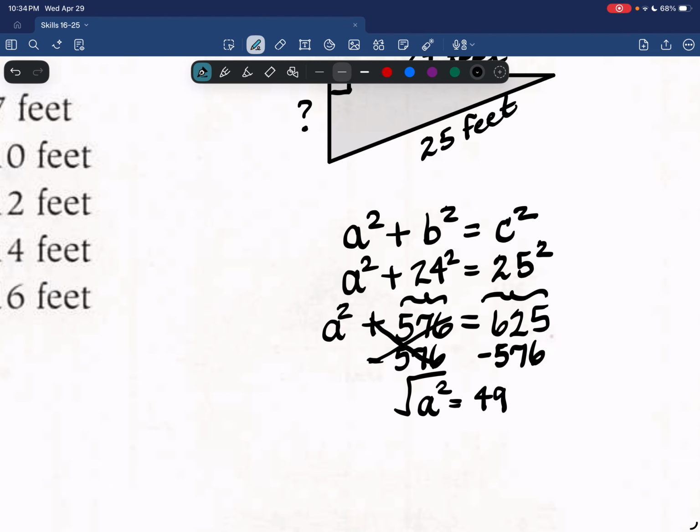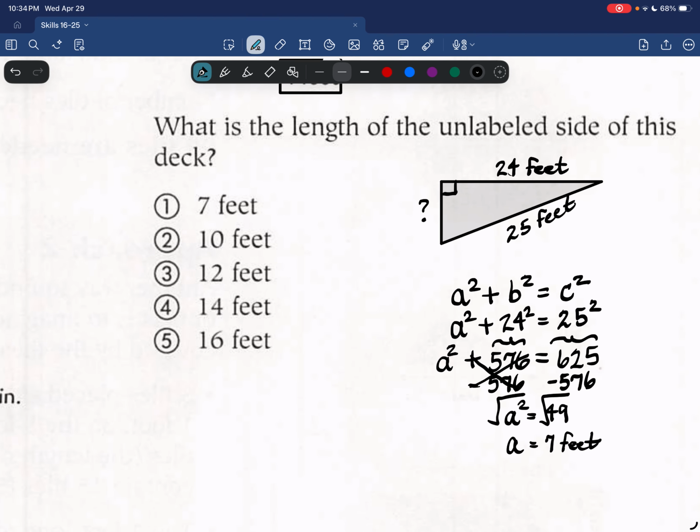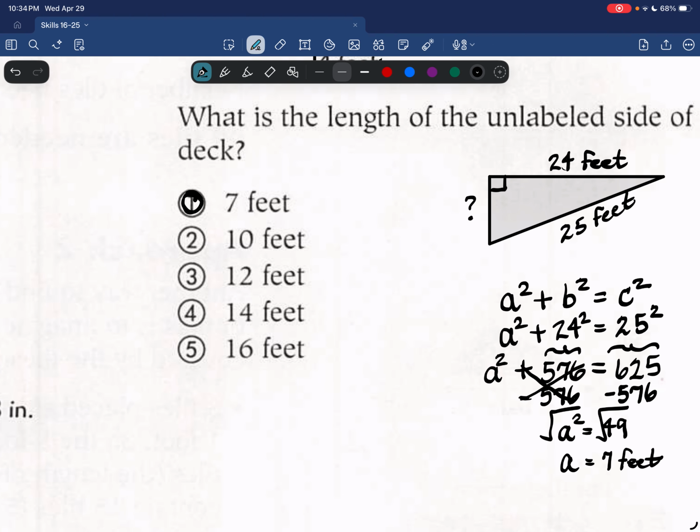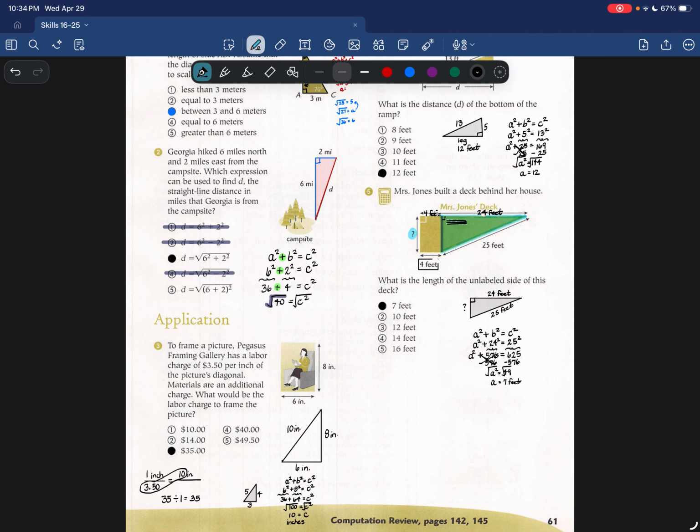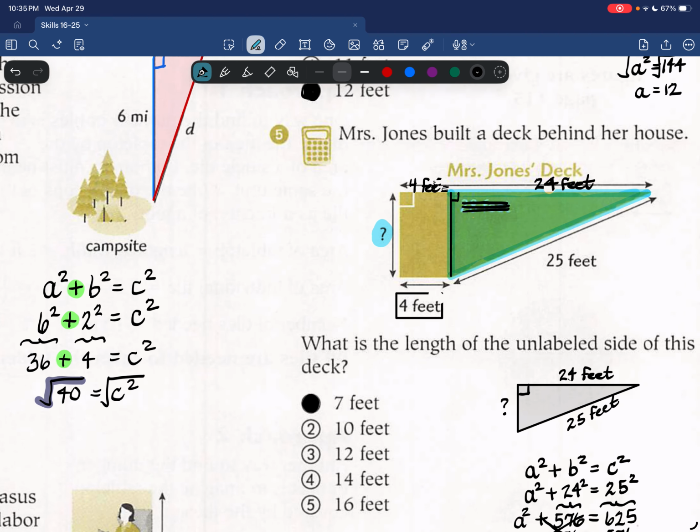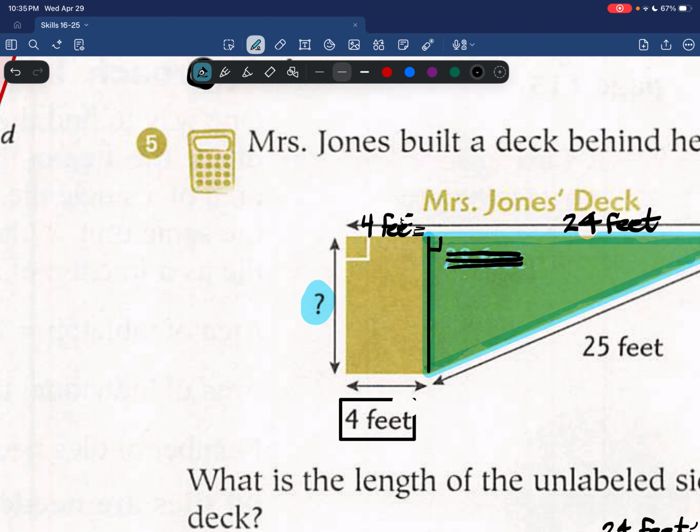And the square root of 49 is 7. So I like 7 feet for my answer, and that is indeed one of the choices. That's a good question. It's a hard one though, because you cannot use this 4 feet in the hypotenuse. The hypotenuse is 25 feet.